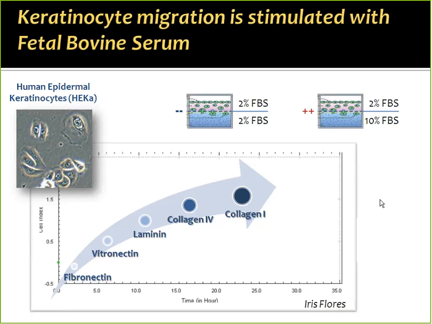One of the things that we found is that keratinocytes really prefer to be starved for a shorter period of time, similar to endothelial cells. A 4 to 5 hour starvation period prior to a migration assay is really critical. Much longer than that, it's detrimental to their health, and they're incapable of migrating too well.